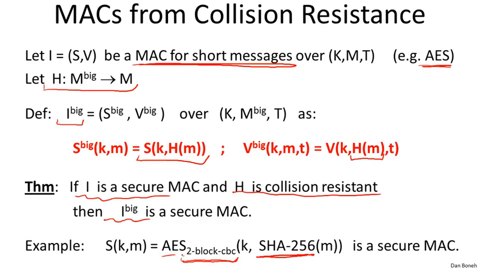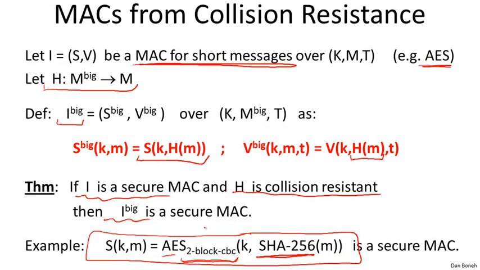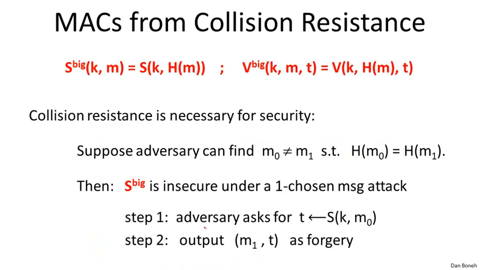A 2-block CBC would expand AES from a PRF on 16 bytes to a PRF on 32 bytes, and then we take the output of SHA-256 and plug it into this 2-block CBC based on AES. And then we get a very simple MAC, which is secure, assuming AES is a PRF and SHA-256 is collision resistant.